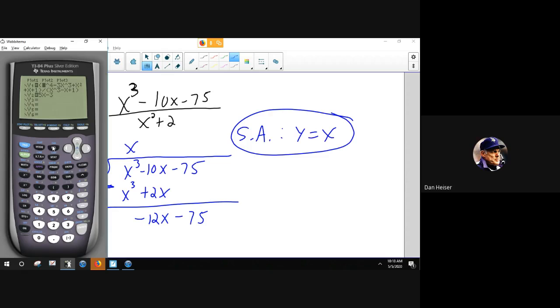We don't need any of that. x to the third minus 10x minus 75 all over x squared plus 2. We can eliminate this for the moment. Let's see what that graph looks like.